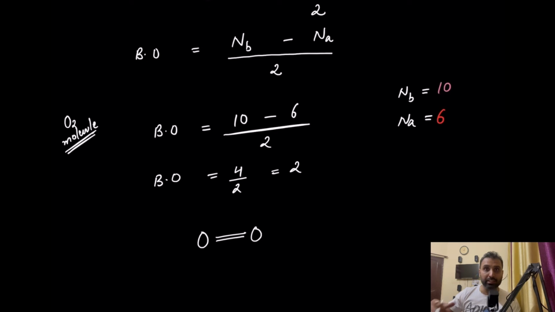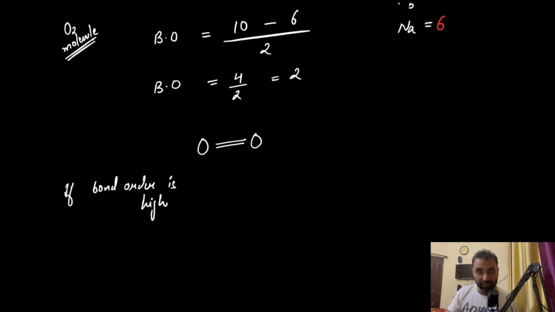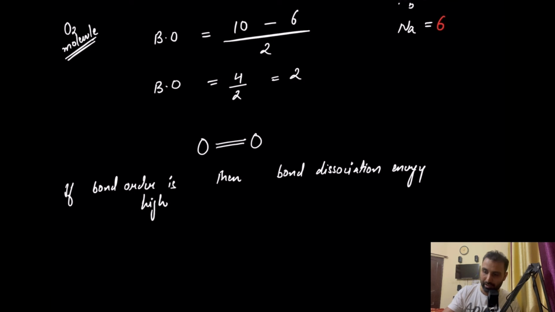So now, what are the different properties that depend on the bond order? I am writing, if bond order is high, that means we are having more number of bonds between two atoms, then bond dissociation energy will be high.